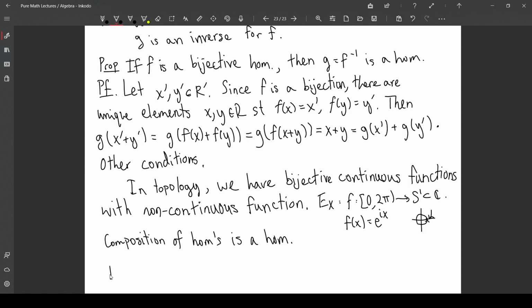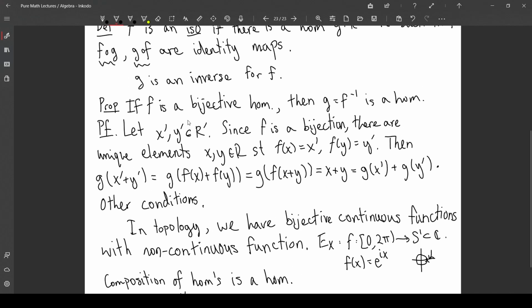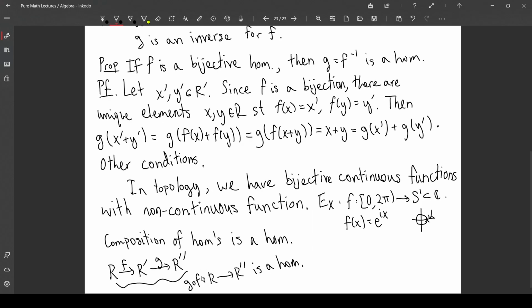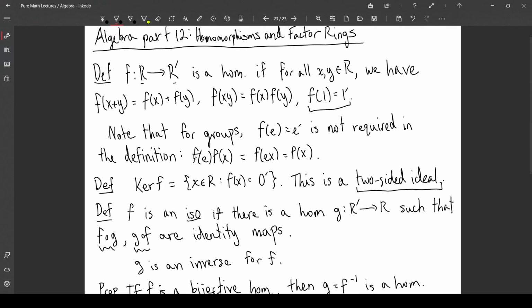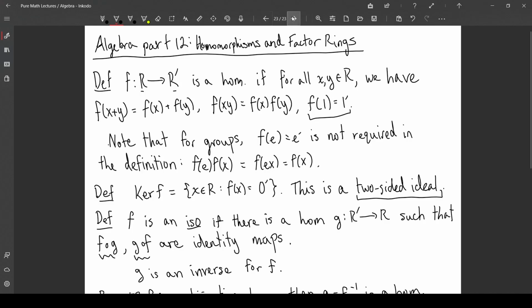Okay, so if you have f going from r to r prime, and then g going from r prime to r double prime, then g composed with f, which is a map from r to r double prime, is a homomorphism. And this is pretty easy to prove. Again, you just want to show that it satisfies these three conditions.